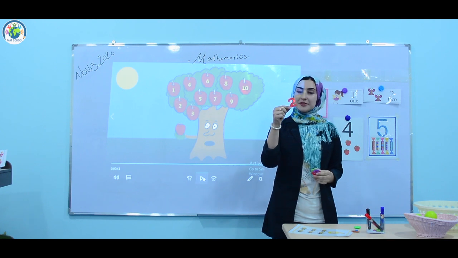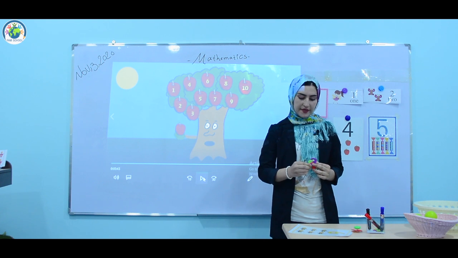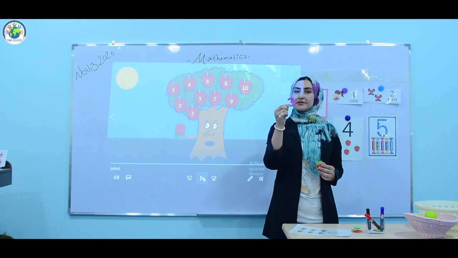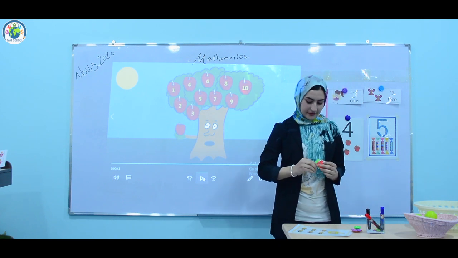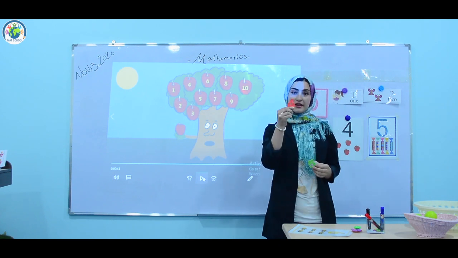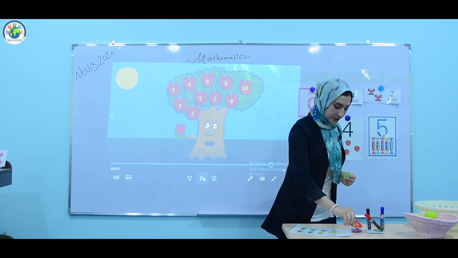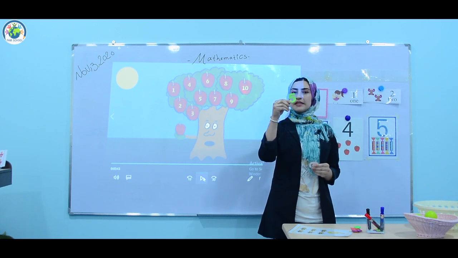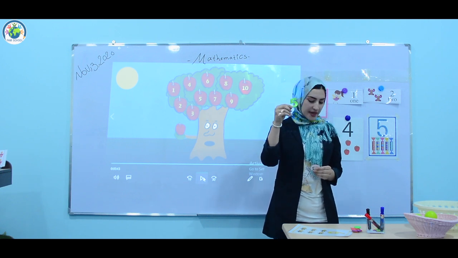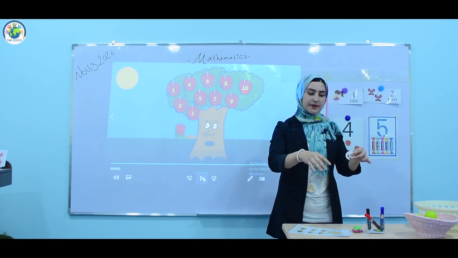Number 2. Excellent. And what is that one? Number 3. Good job. And this one? Number 4. Good. This one? Number 5. Amazing. It is number 5, which has a fat belly.